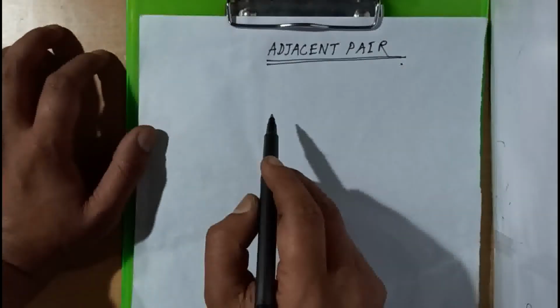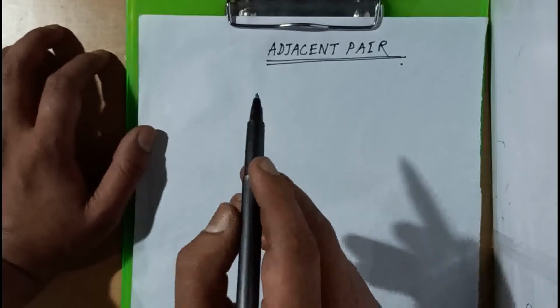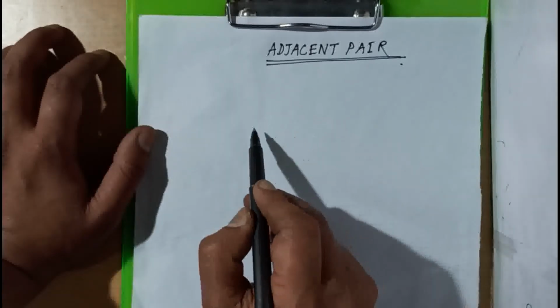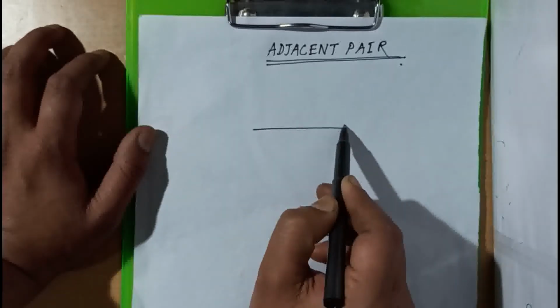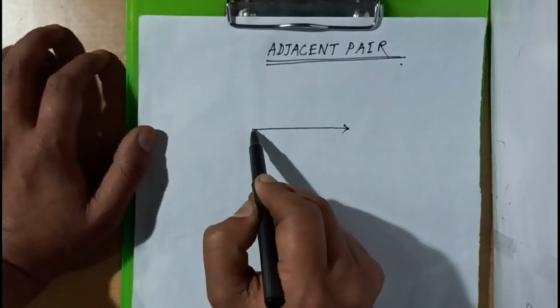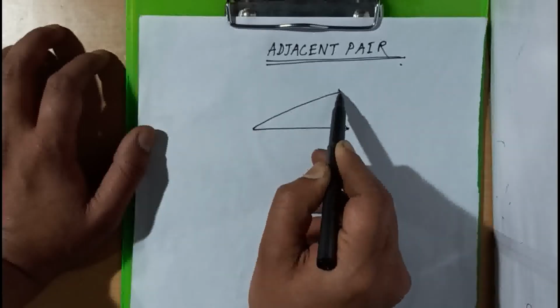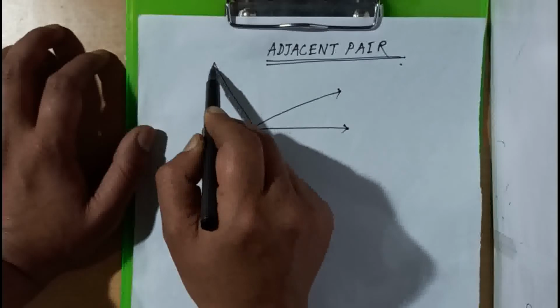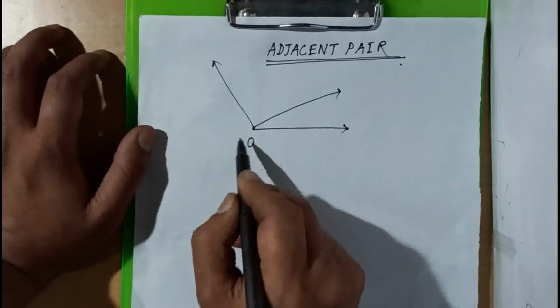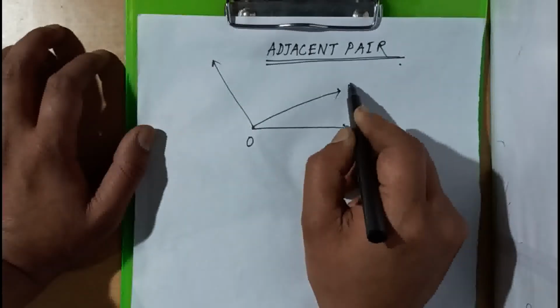So let us draw a diagram. This is a ray and this is another ray and this is another ray. I am taking three rays, OA, OB and OC.